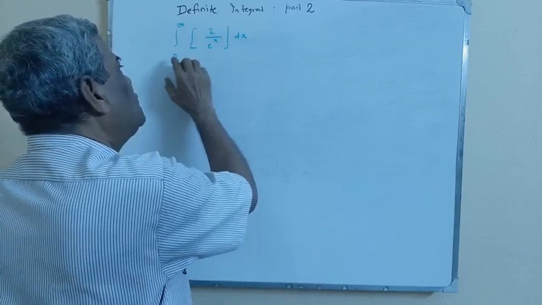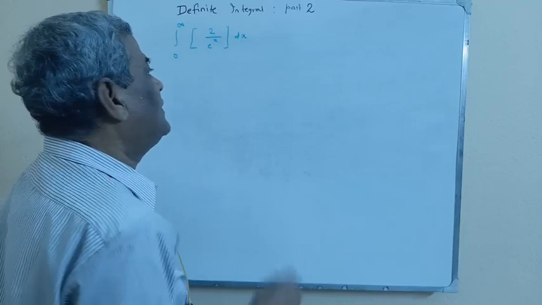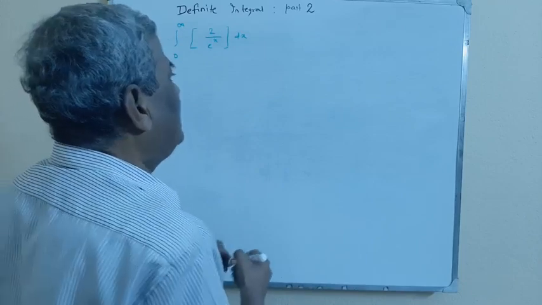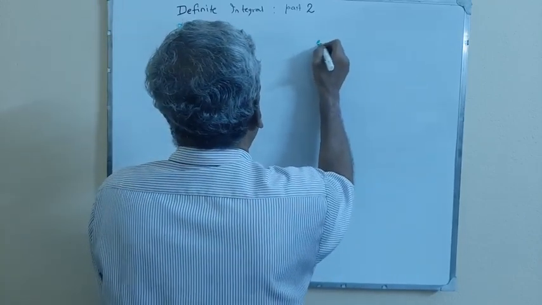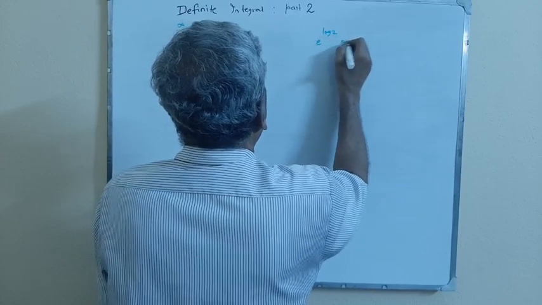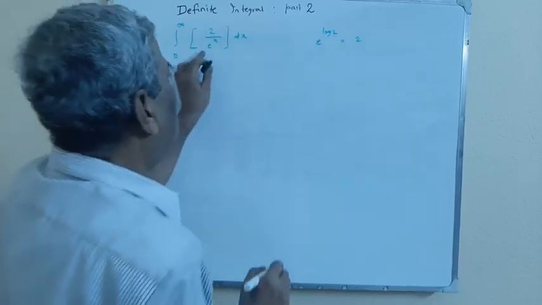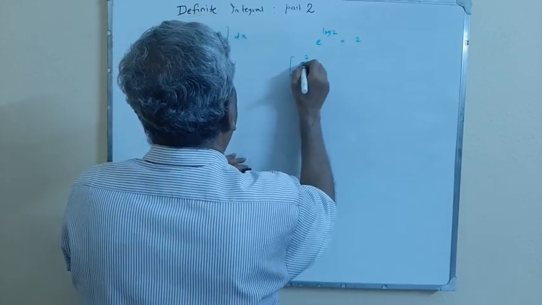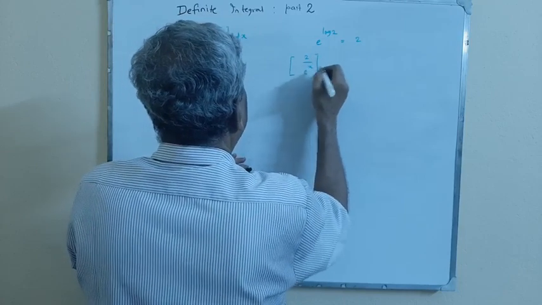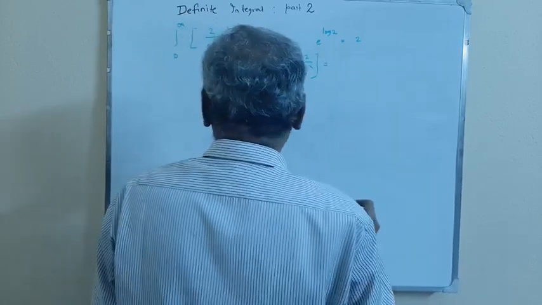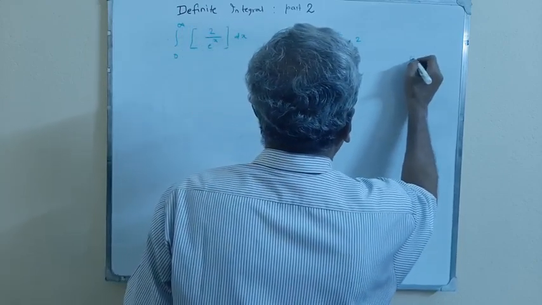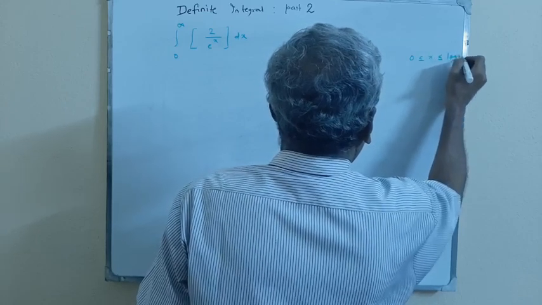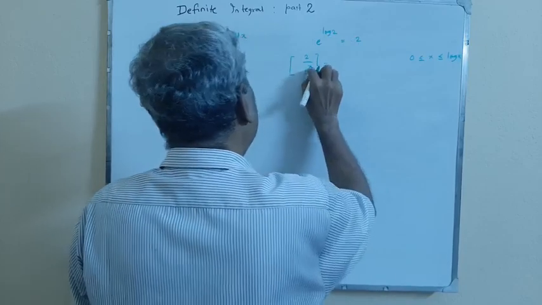Immediately after 0, e^x becomes more than 1, so 2/e^x will be less than 2. When e^x is 2, that is x equals log 2, it is equal to 2, we know it. Therefore, this can be written with 2/e^x equal to: first, the interval 0 to log 2. At 0, it is equal to 2.